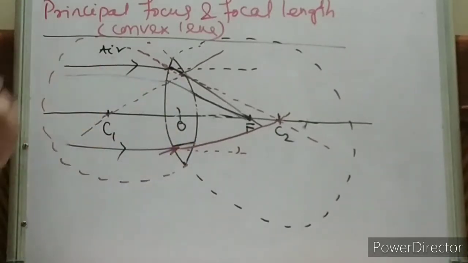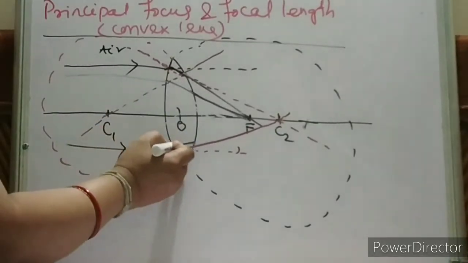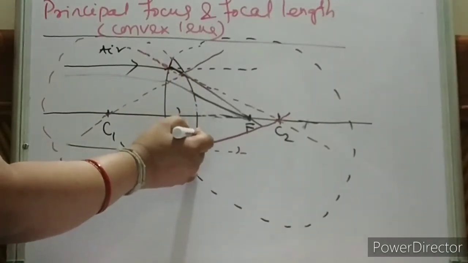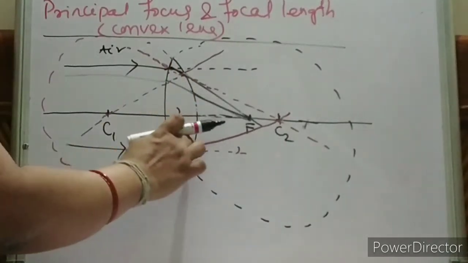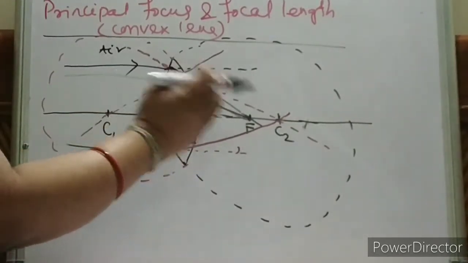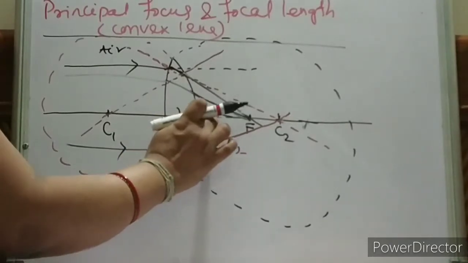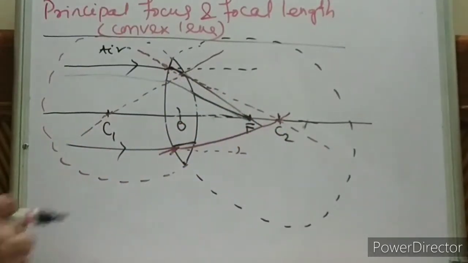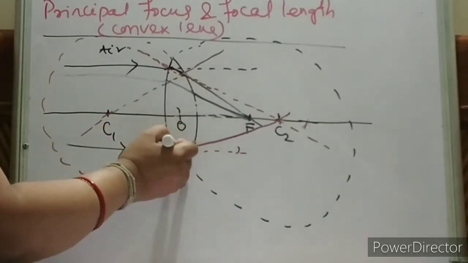Is it clear, children? So at this point now, again it will strike another surface, and for this point the light ray will have to change from denser to rarer, because this is air and this is glass. Okay, at this point this is your incident ray.